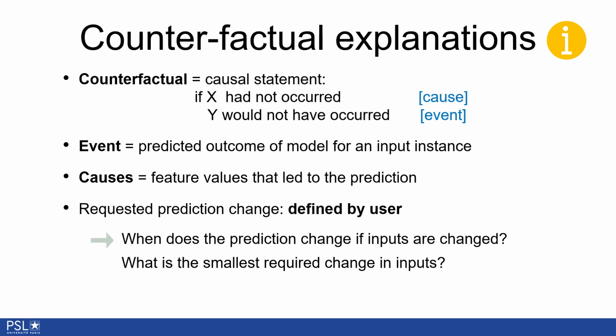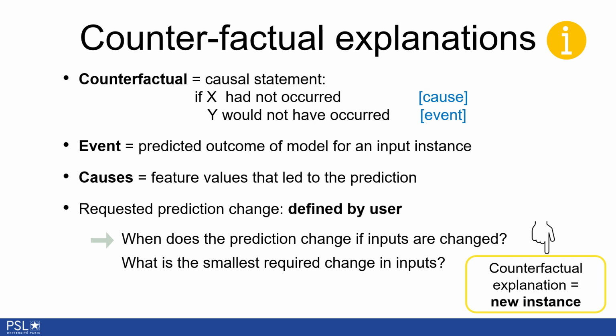So a counterfactual states when the prediction changes for the desired one if inputs are changed. Or more specifically, what is the smallest required change in the inputs to obtain the desired output? Very concretely, a counterfactual explanation is a new input instance that does not necessarily belong to the original dataset.